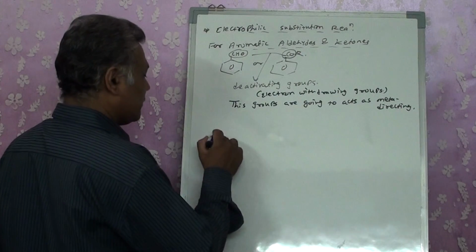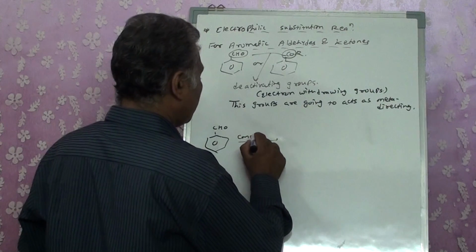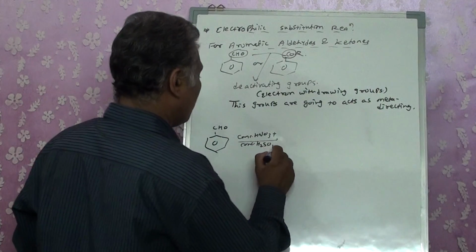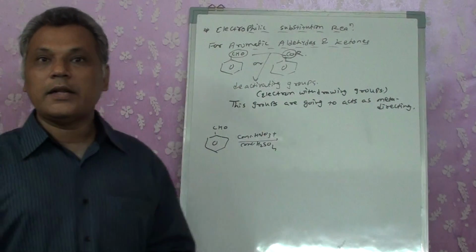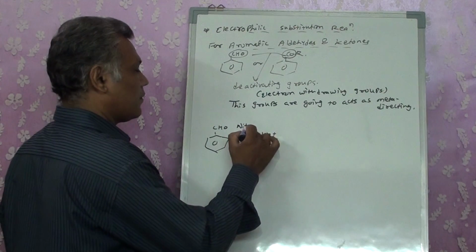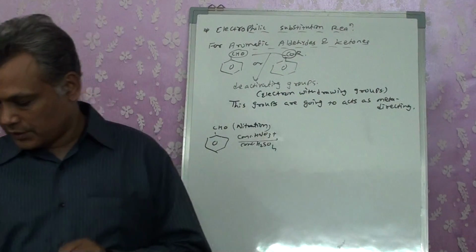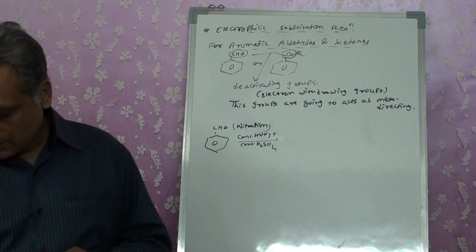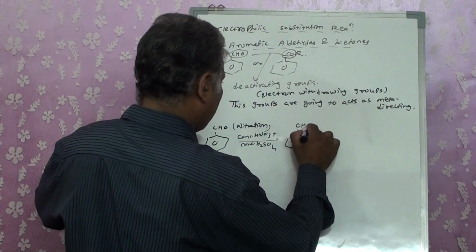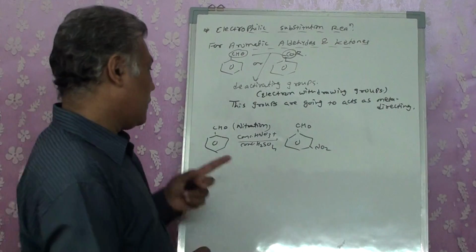Let's see for the aldehyde. CHO, when it is reacted with concentrated HNO3 plus concentrated H2SO4. If we are taking it as a nitration, this particular reaction we will term as nitration. When the nitration reaction is taking place in the compound, what will happen? The nitration will be on meta position, meta nitro, right?